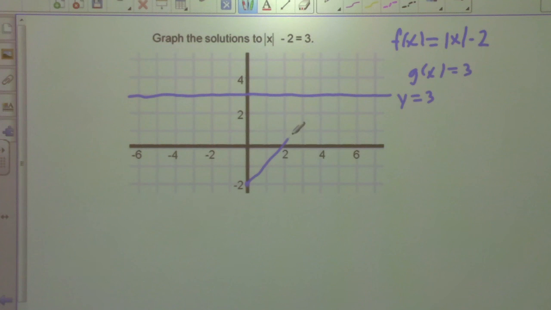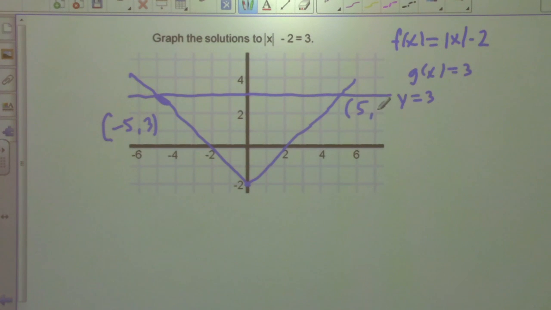So then we'd be looking at this thing here, something like that, and then like this. It's supposed to go right there, okay? So here we get -5, comma 3, and 5, comma 3, right?